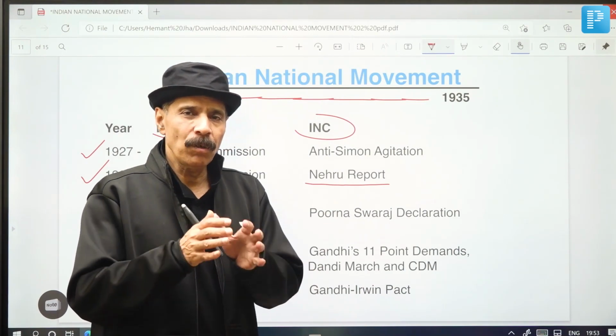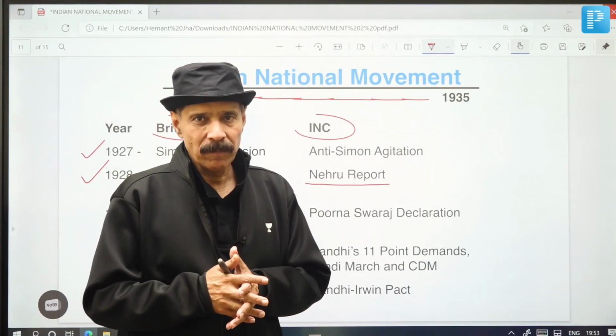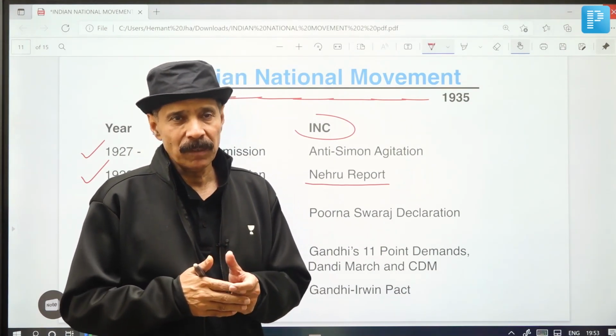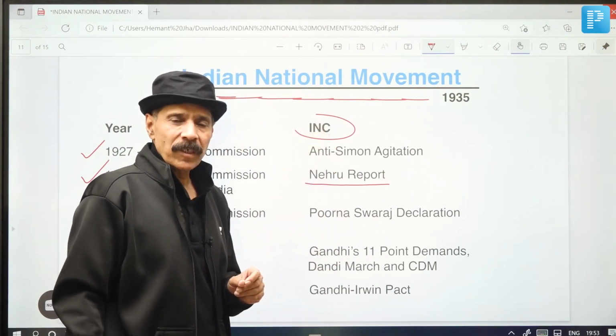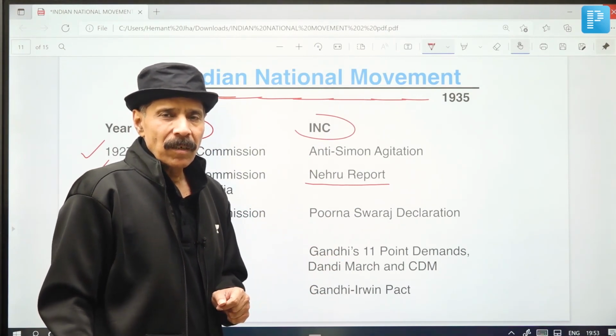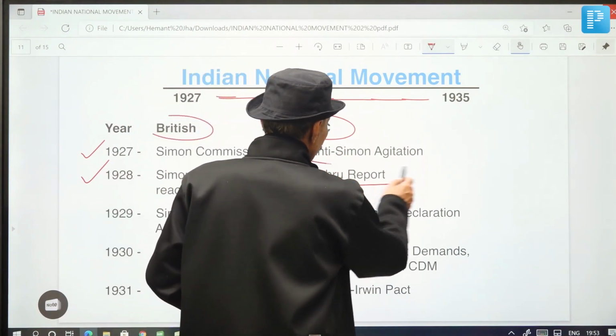This committee was an all-party committee. And what does it mean, all-party committee here? This means that though I have mentioned here INC, the INC here represents nationalist. All major parties participated in anti-Simon agitation.